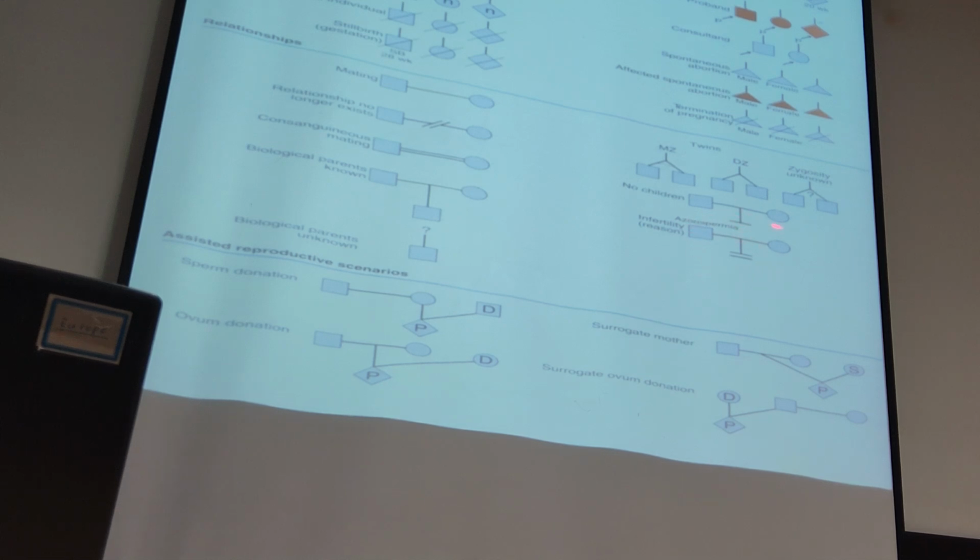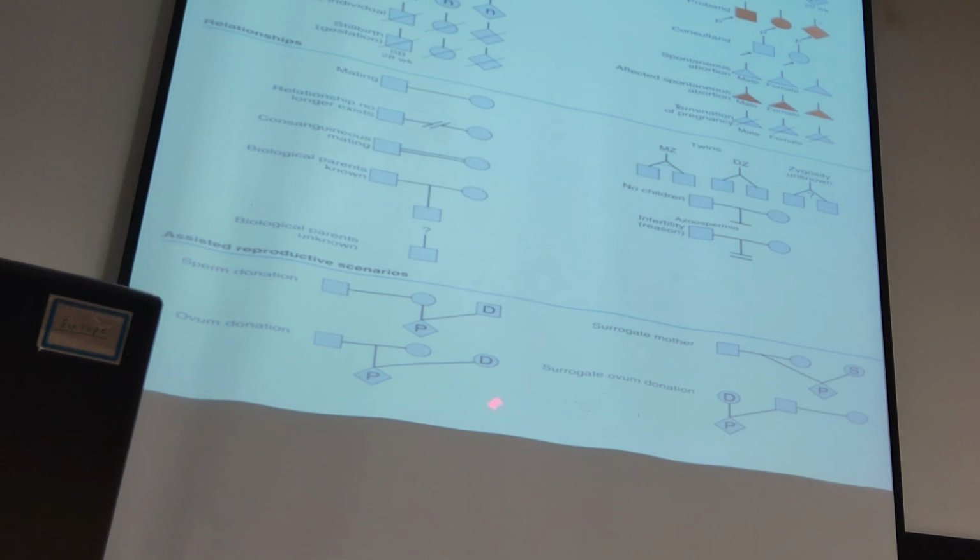And if they have a problem with pregnancy, this couple maybe does not want to have any child, so they do not have any child. But this couple has a problem with pregnancy, so we draw something like this.